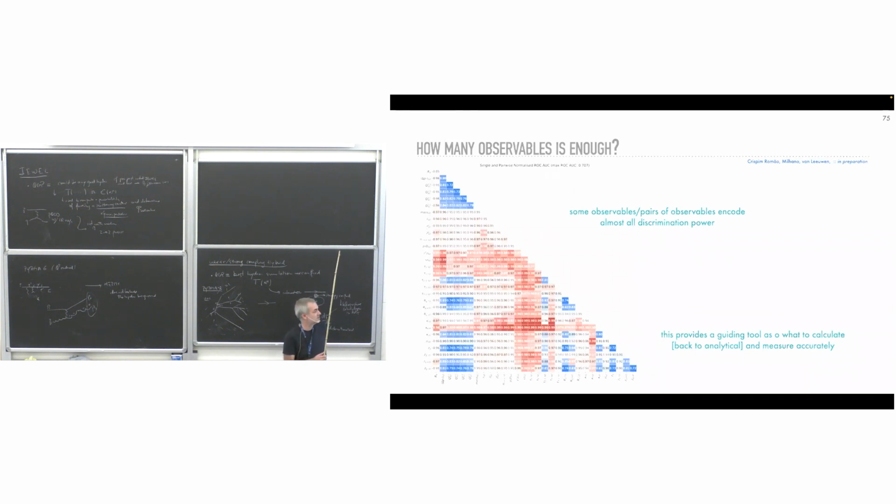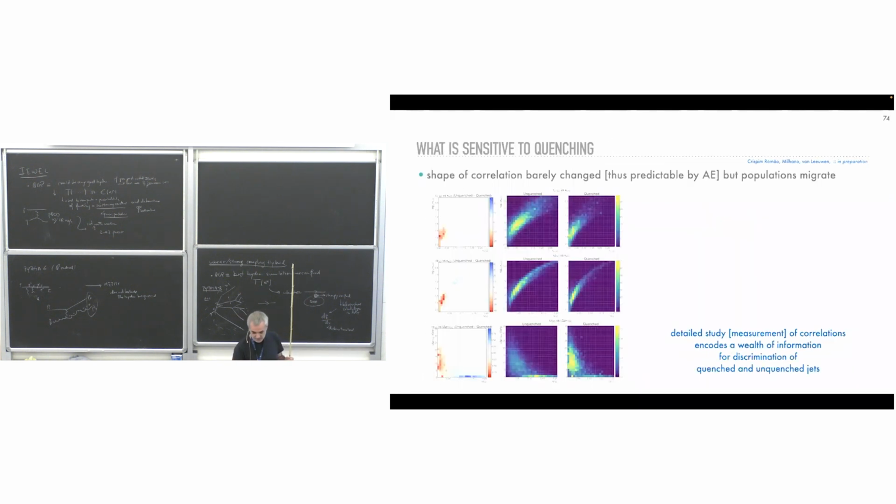So there are many caveats, but this could help inform what the priorities are for people to calculate and to measure. Because if you don't need to be measuring 31 different observables, you can probably focus on a few that contain as much information as all the others. So this is really a tiny detail.